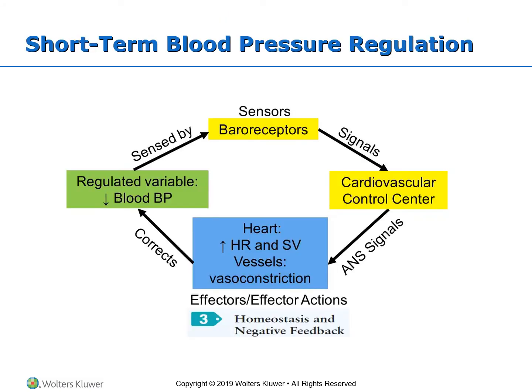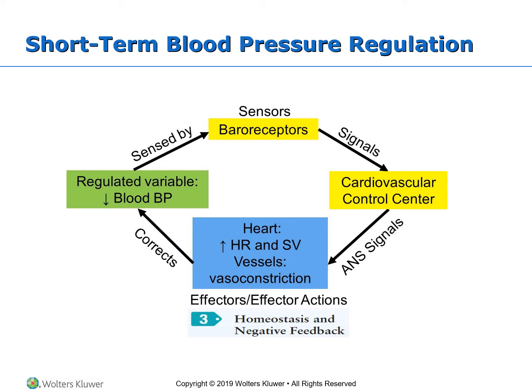So again, we'll review the same thing. The moment that the blood pressure will decrease, will be sensed by the baroreceptors that are not stimulating enough, and the signal is perceived by the cardiovascular control center in medulla oblongata that through the sympathetic nervous system will produce three effects. Will increase the heart rate and will increase the stroke volume.